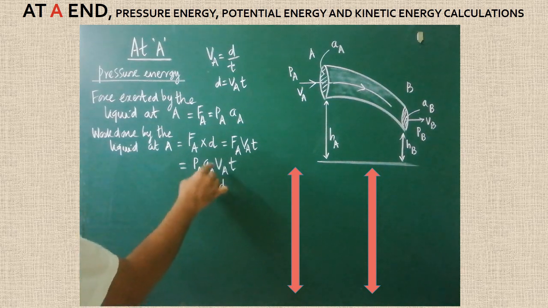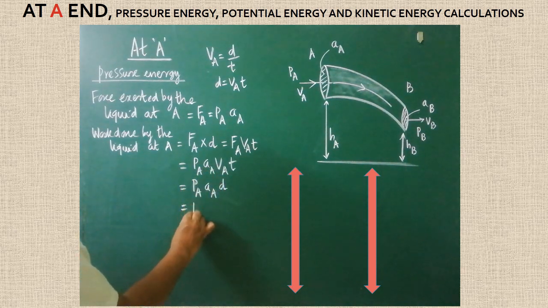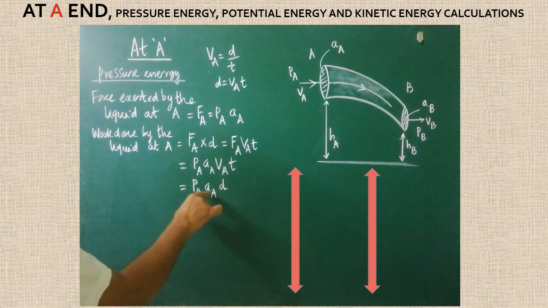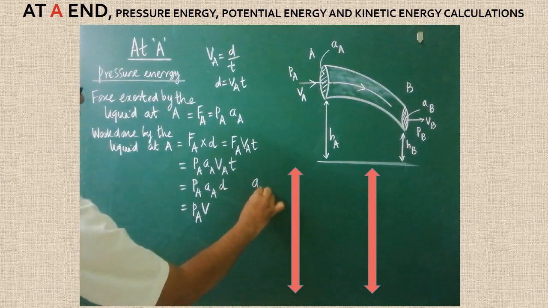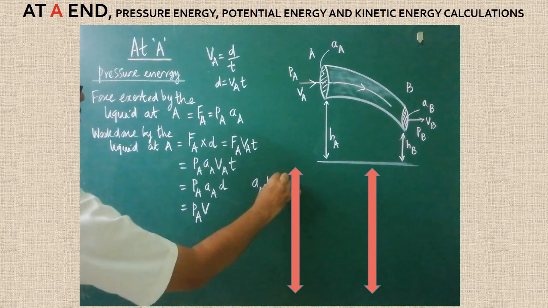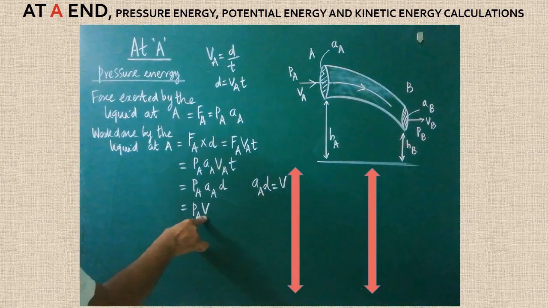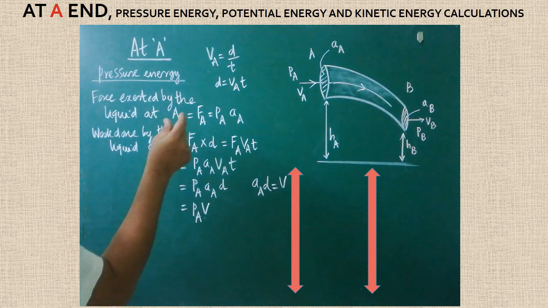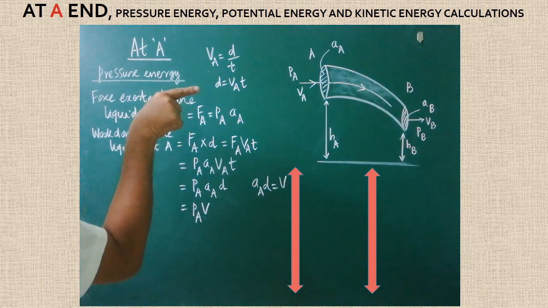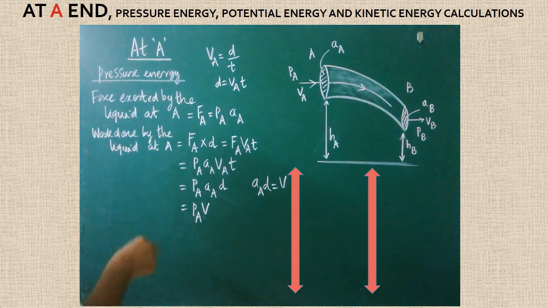That gives you the volume. Therefore, PA into V, so AA into D can be replaced by V. What is V here? V is nothing but the volume of water that flows at the A end during the time T.